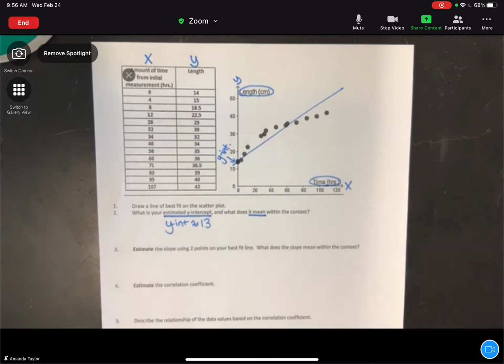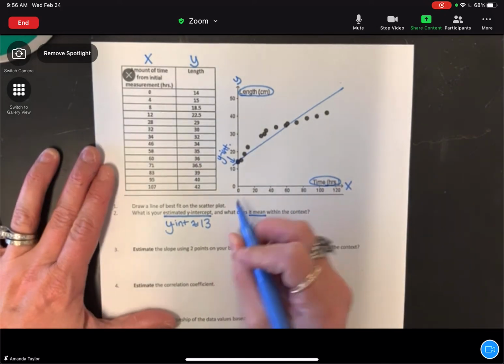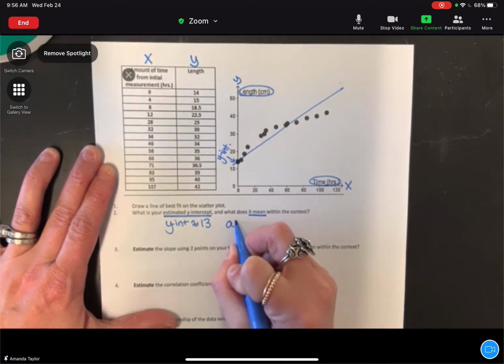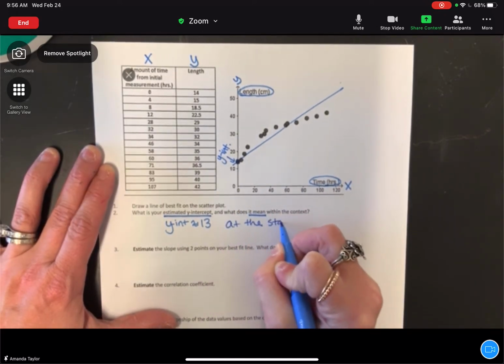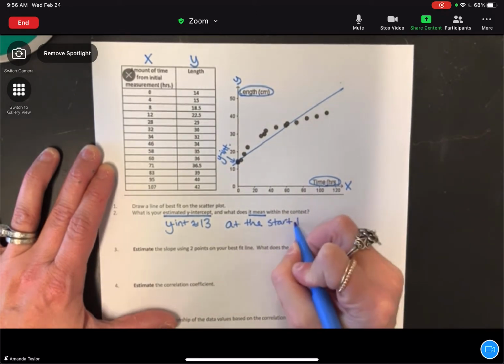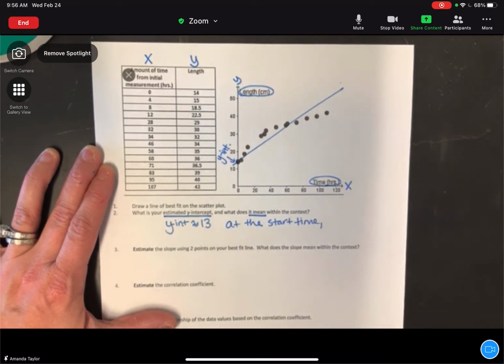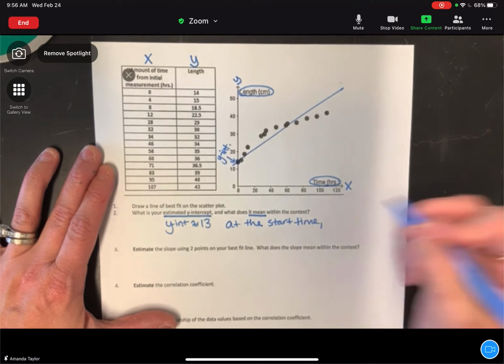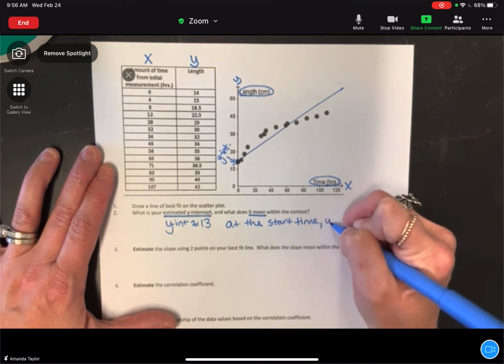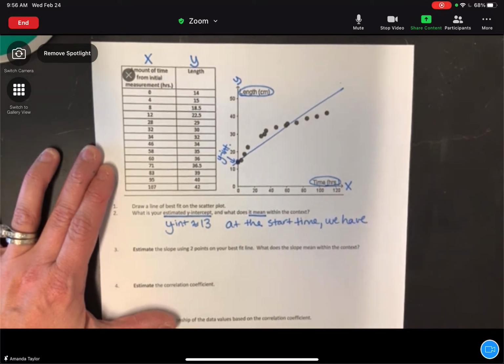Where are we? The starting time. Okay, so at the starting time, or in the beginning, what do we have? We have 13 centimeters, right?